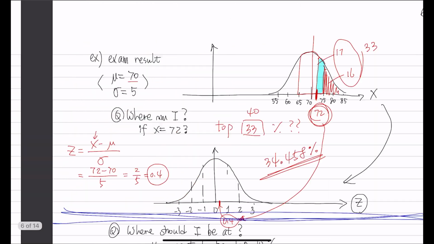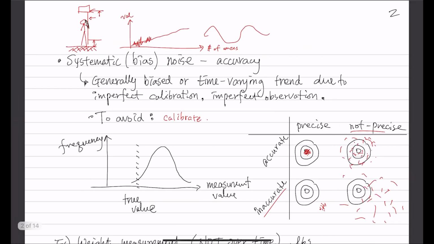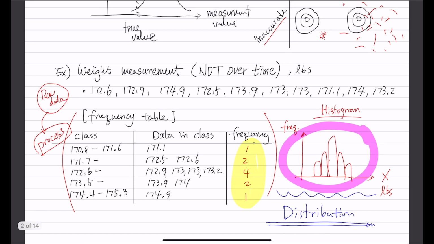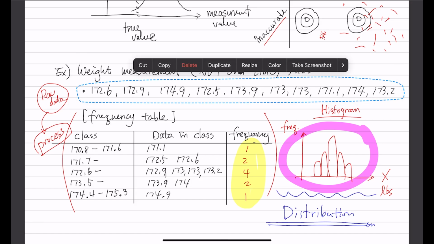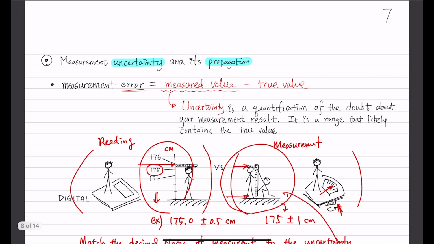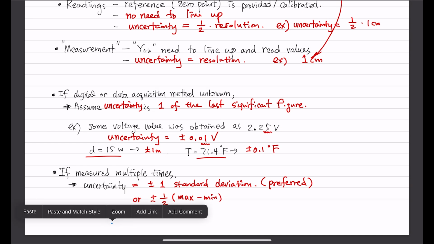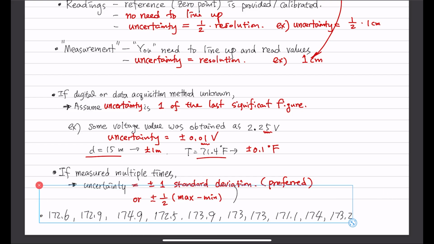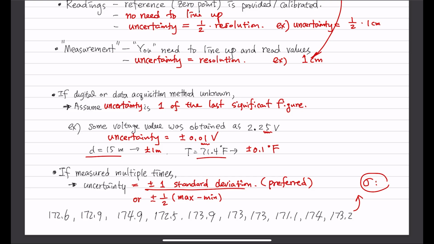So, for example, let's say we had this multiple measurement of the weight of someone in the previous example. Okay? And if these were all just given, then one way to define the uncertainty is you find the standard deviation of this guy, and you just have plus and minus one standard deviation. That's your uncertainty. Or you can find the max value.